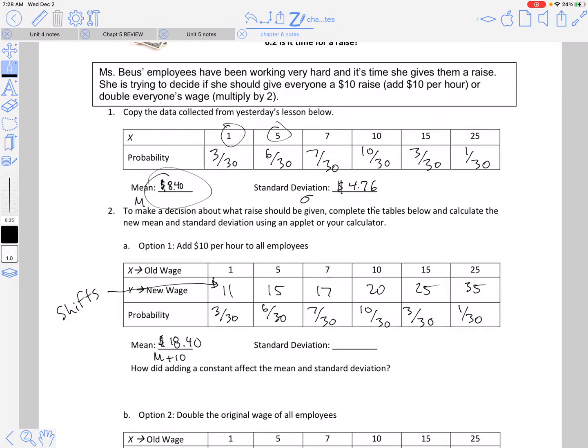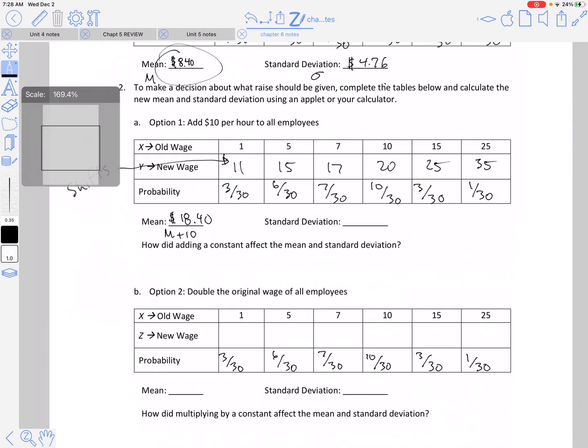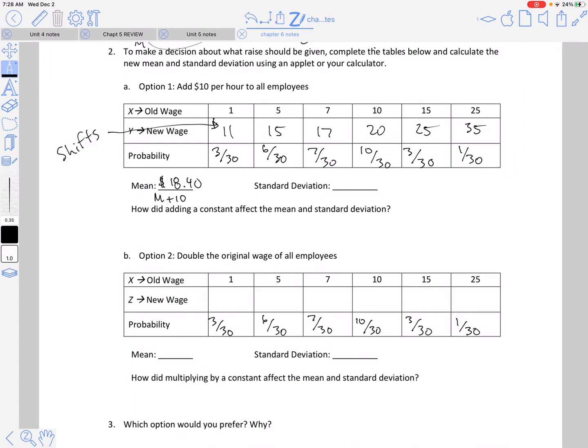Now if we look at the spread, right, 25 minus 1, 35 minus 11, our spread didn't change. And if you were to calculate this, put it into your calculator, you'd find that that is also true. So the spread does not change, the standard deviation does not change, but we shifted our data so the mean obviously increased by 10, right? So how did adding a constant affect the mean?